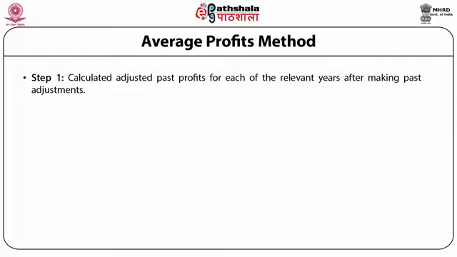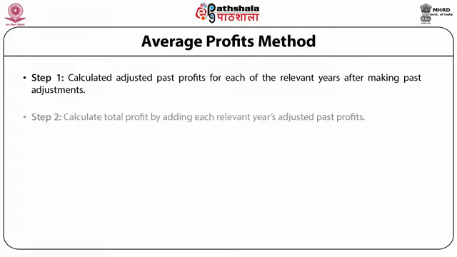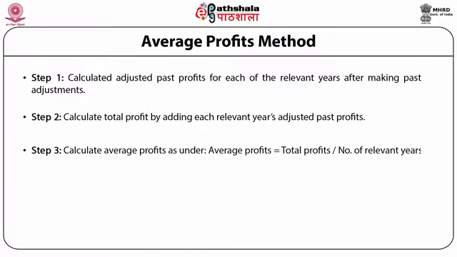It means first of all we have to make adjustments in past profits. After that, calculate total profit by adding each relevant year's adjusted past profits. In the third step, average profit is calculated by the formula: total profit divided by number of relevant years.